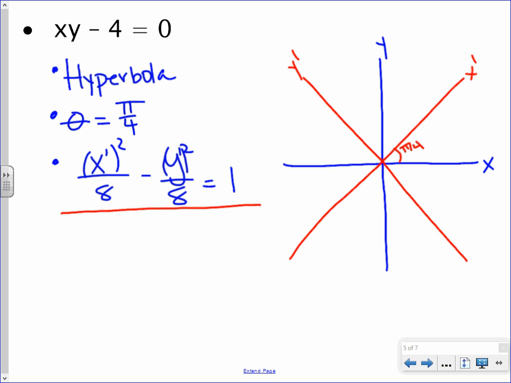Yes? Could you cheat and make the grids like your x prime, y prime axis, and then draw the x, y graph based off that? So he means like you labeled this x prime, y prime. Is that what? Yeah.